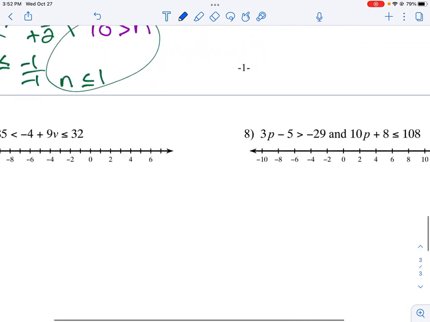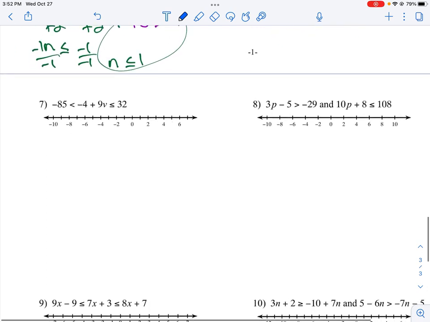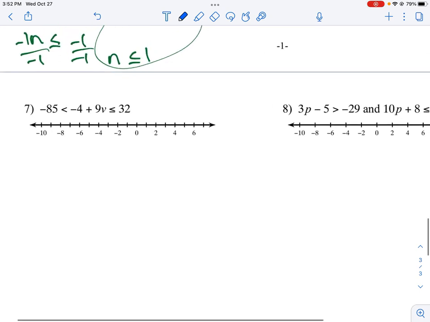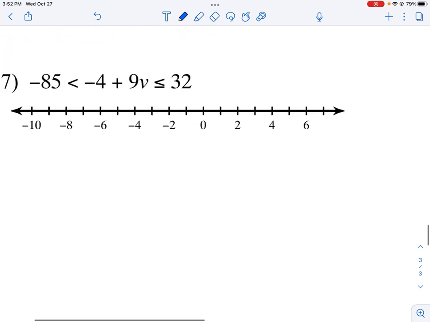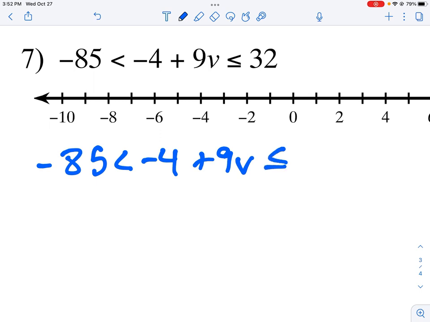All right, so what I want you to do is go ahead and pause this and do 7 and 8 on your own. And I'm going to keep them together.